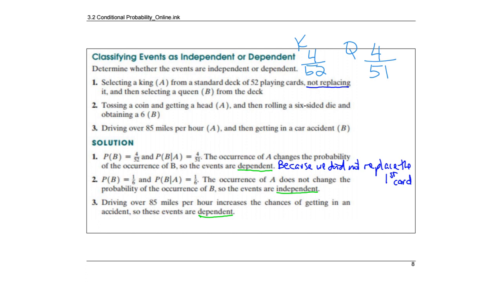Tossing a coin and then rolling a die, they have nothing to do with each other, and so we consider those independent. All right, then we have driving over 85 miles per hour and then getting in a car accident. That's probably dependent. I don't know. Here in Texas, people drive that fast all the time, but we're going to go with that would be dependent.